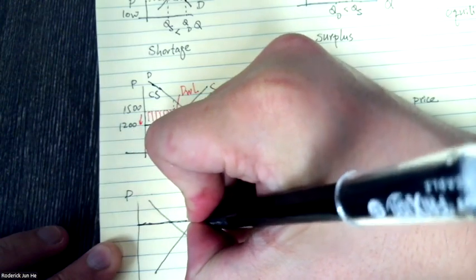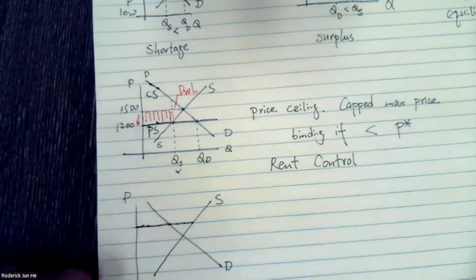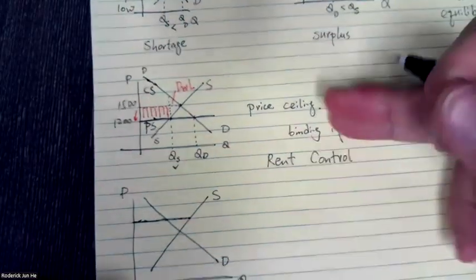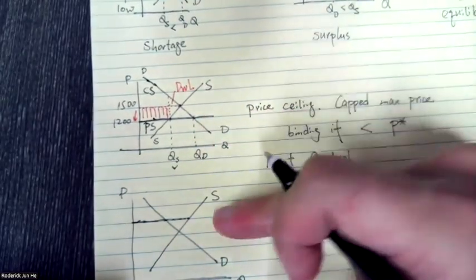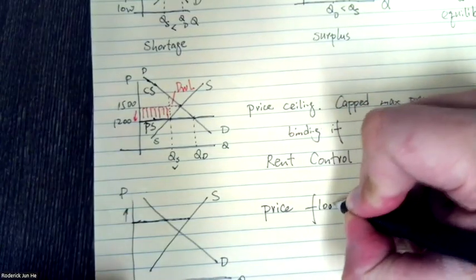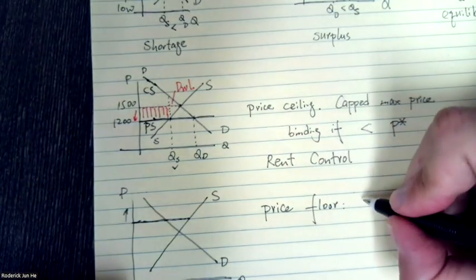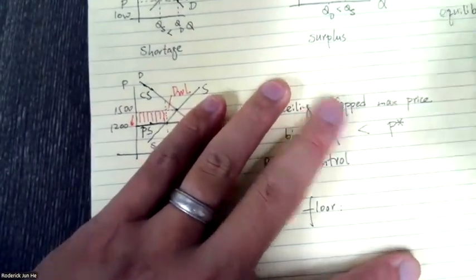And now we solidify this by encoding a law of price control. And here we know that to make the price low, we use a price ceiling, and here to make the price high, price no lower than this, we use a price floor, which is a manually or artificially set low price.